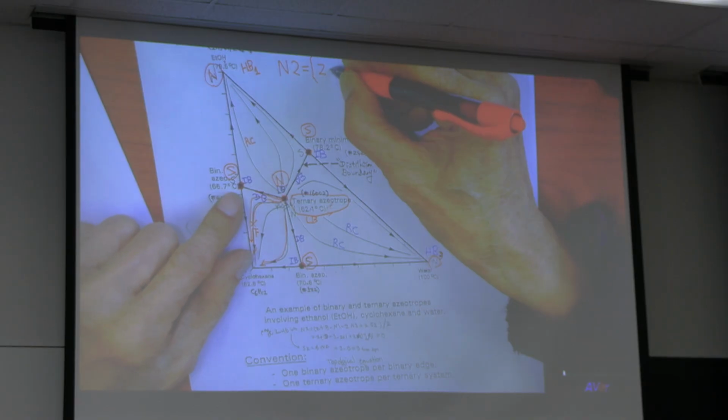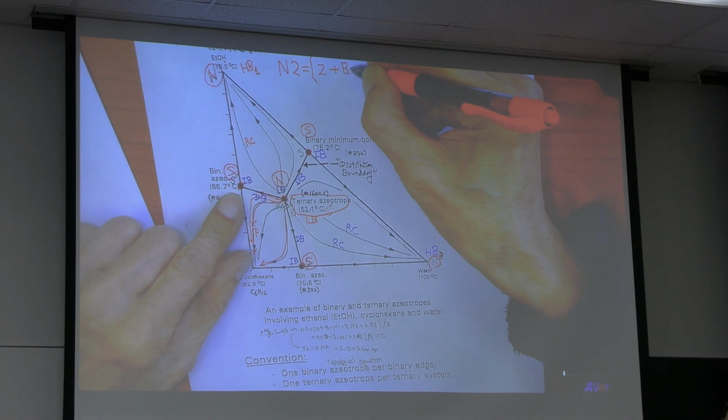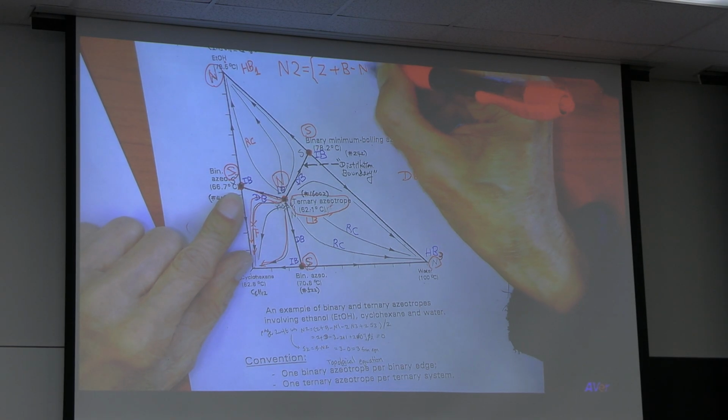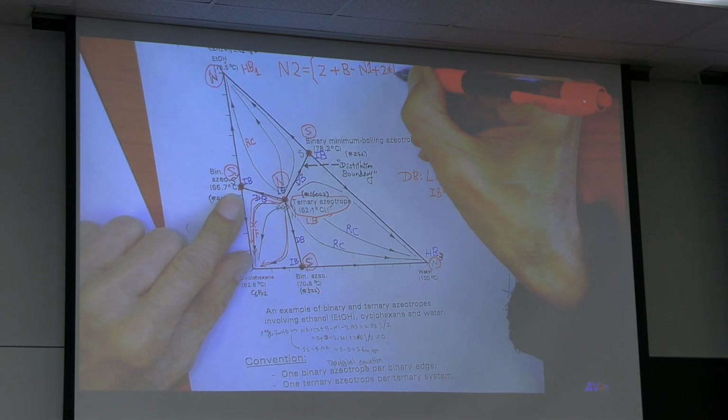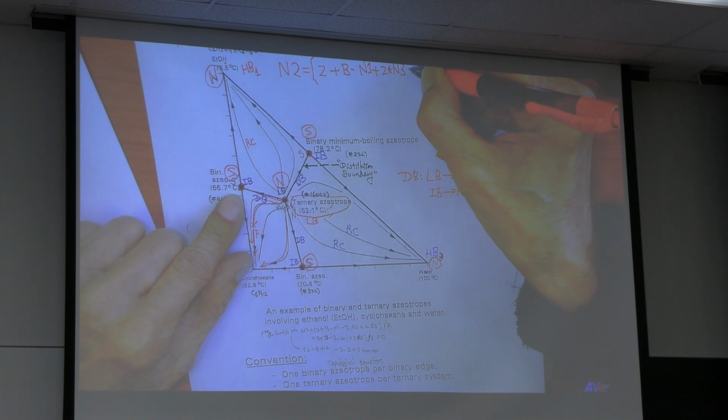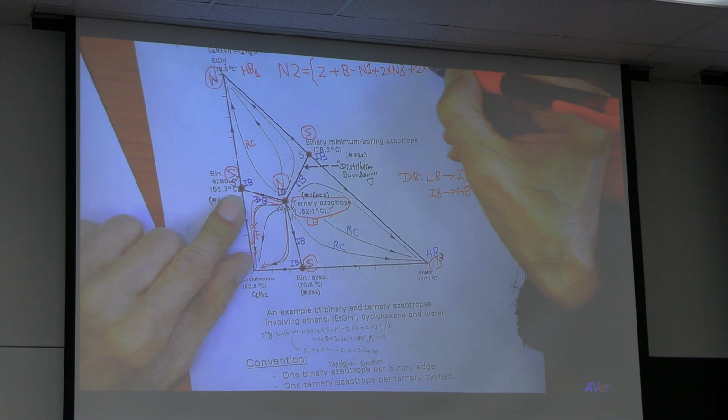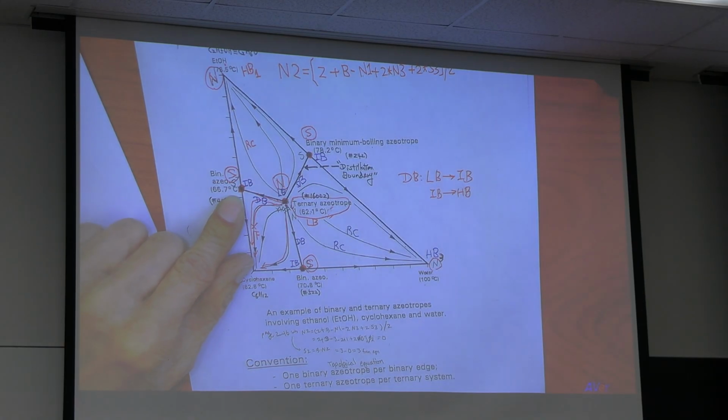N2 equals 2 plus B minus N1 plus 2 times N3 plus 2 times S3, over 2.